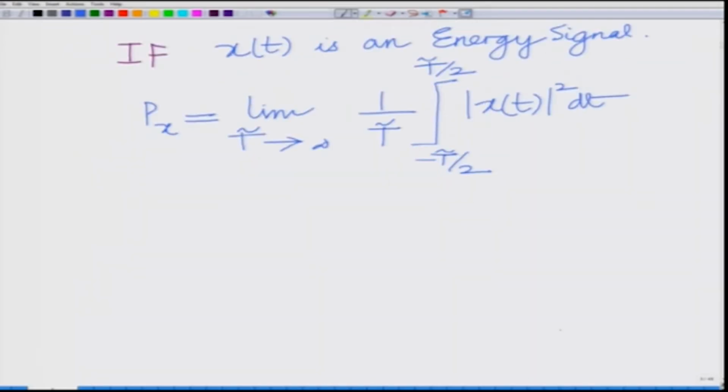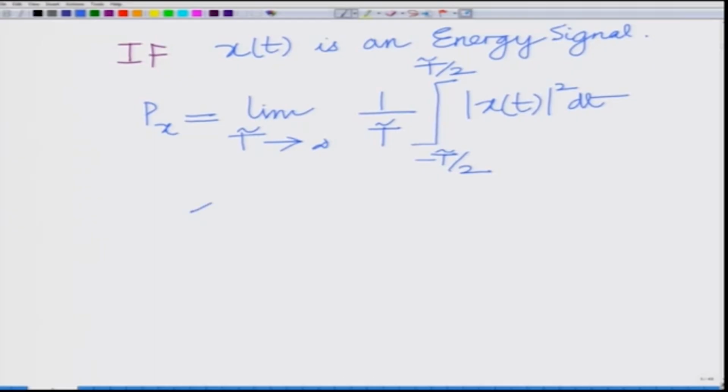Now, this integral is less than or equal to the integral from minus infinity to infinity, because this is simply the energy in a window of size t tilde, which is less than or equal to the energy in the window from minus infinity to infinity.